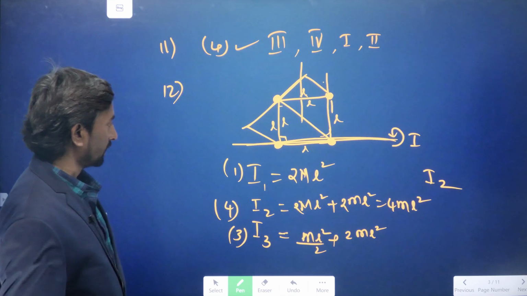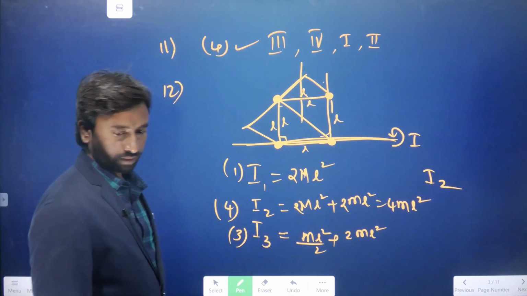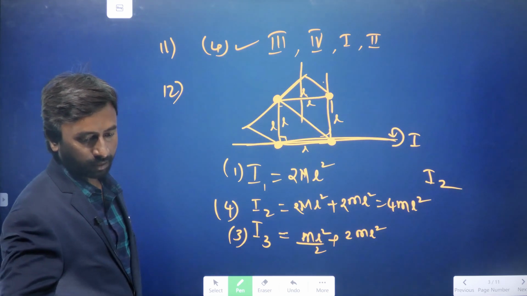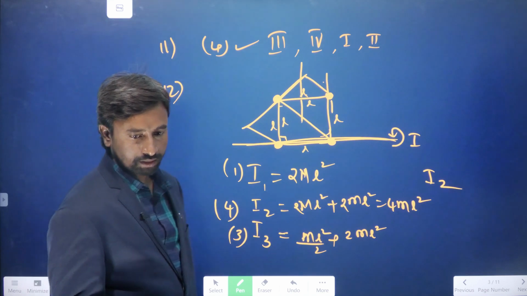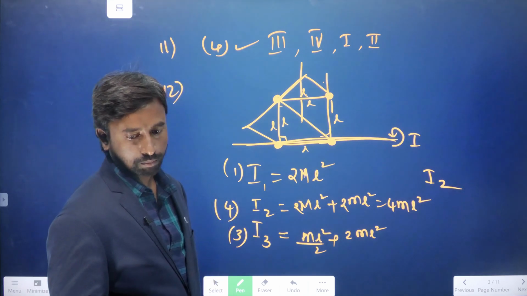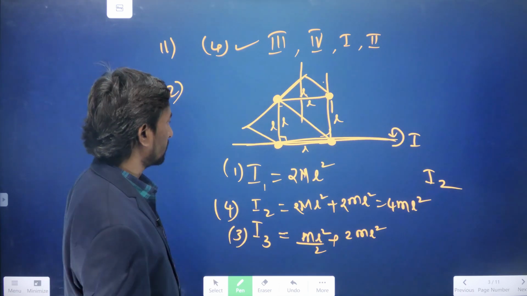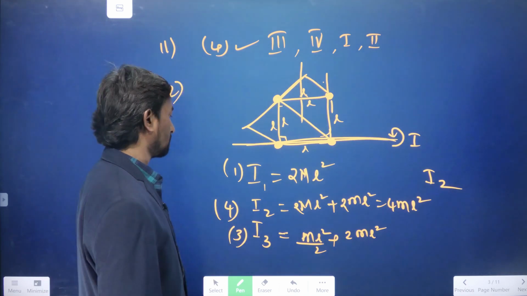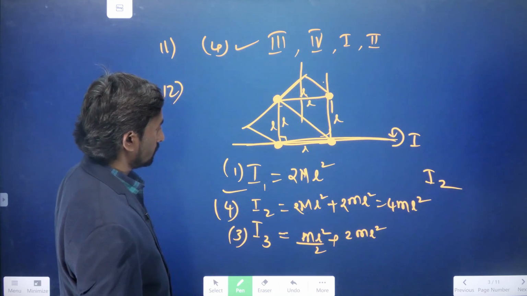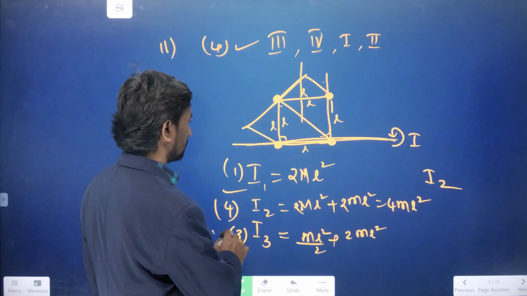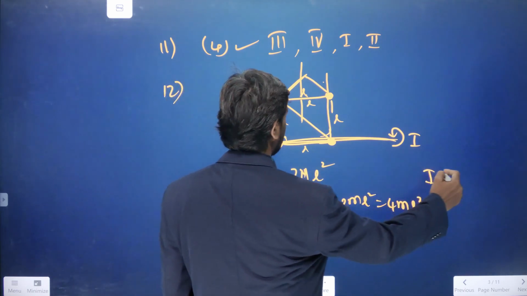So which one will be greater there? mL square by 2, this one will be the greater one. Here they are asking us to arrange them in decreasing order of their moment of inertia about the following axes. So greater to lesser: the fourth one is greater, and the next one will come this one, and then this one.